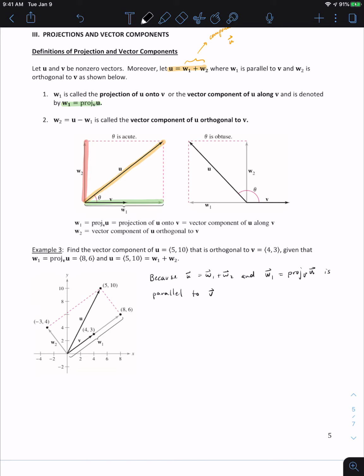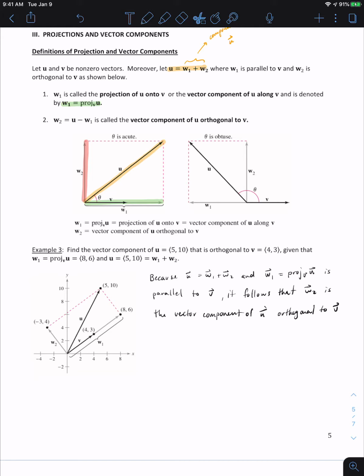right? So because U equals W1 plus W2, and W1 is parallel to V, it follows that W2 is the guy we're looking for, right? W2 is the vector component of U orthogonal to V, right?